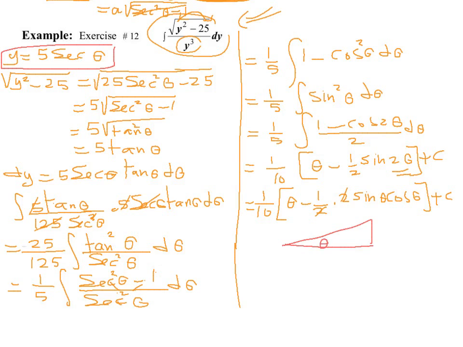We have secant theta equal y divided by 5, so cosine theta is 5 divided by y. So this is the root of y squared minus 25.